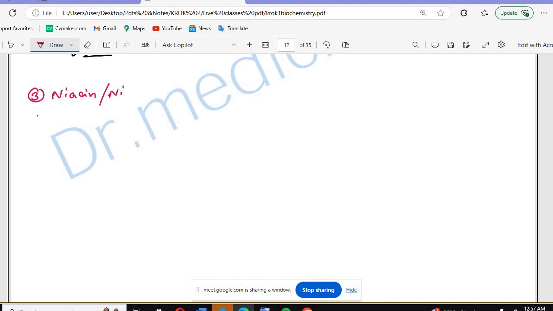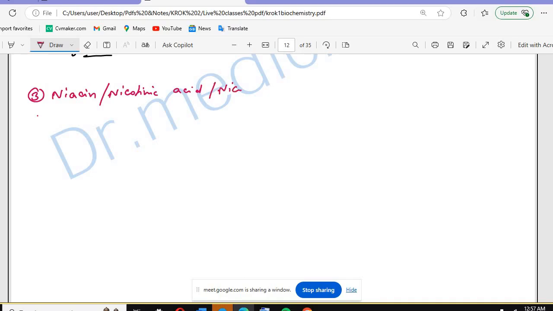Niacin, or nicotinic acid. We say nicotinic acid when we get it from plants, and nicotinamide when we get it from animals. But this is the same thing.